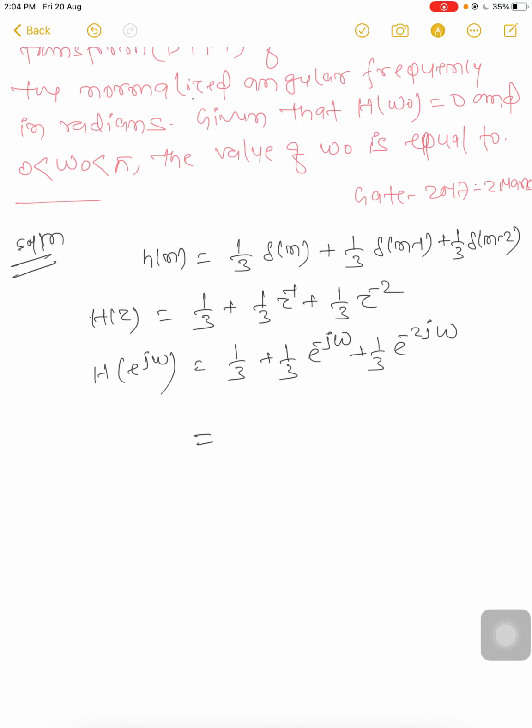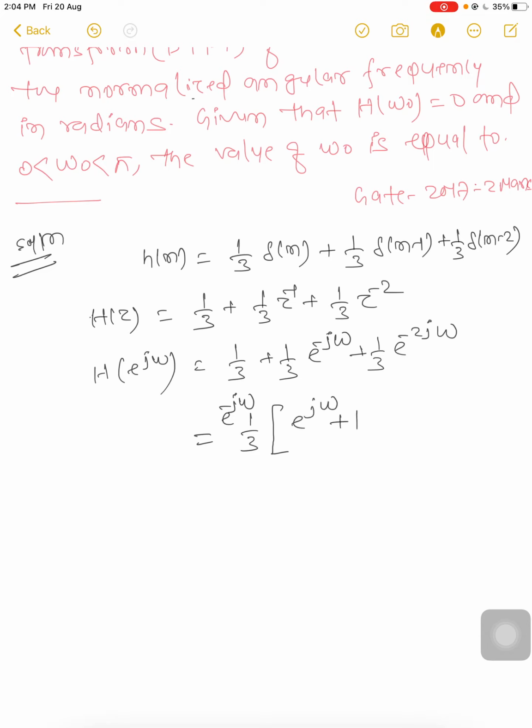And you can simplify it. When you simplify it, what will happen? Take 1/3 common, and take e^-jω common.